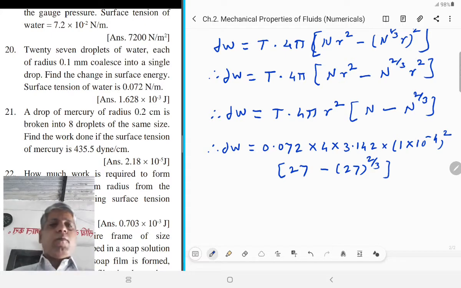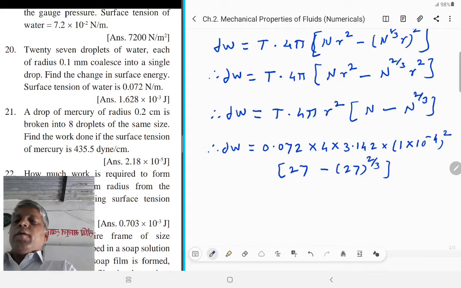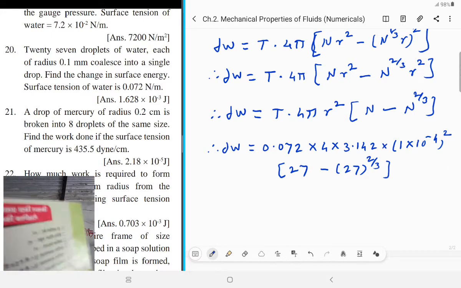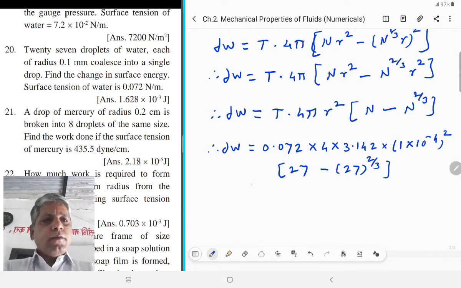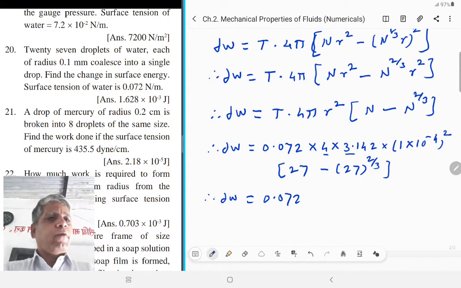Now we get, therefore, the change in surface energy is equal to 0.072, now multiply by 4 into 3.142.